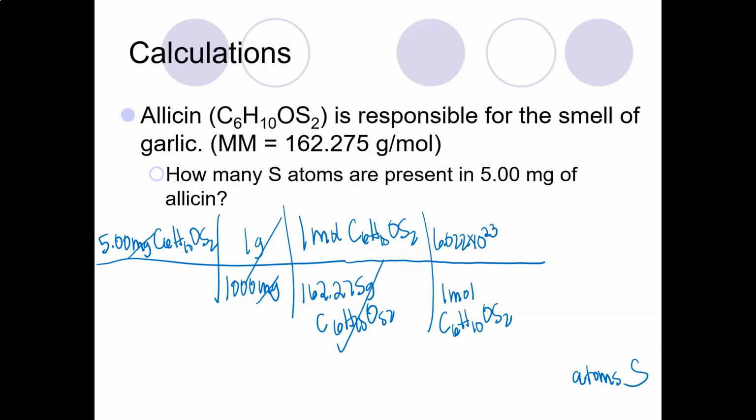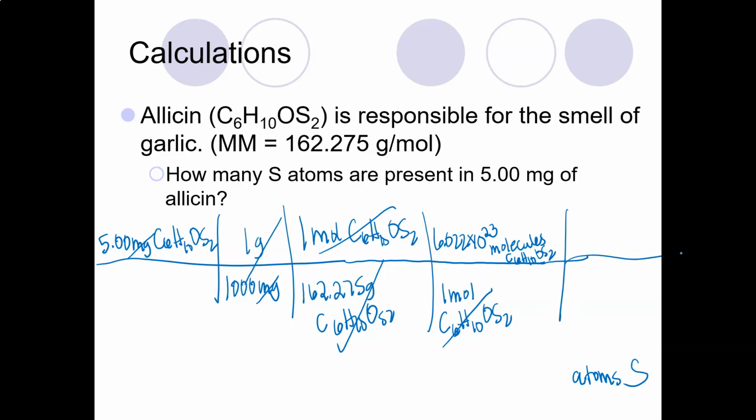Well, we're going from moles. 1 mole equals 6.022 times 10 to the 23rd things. Well, it's going to be 6.022 times 10 to the 23rd of C6H10OS2. And the word for that are molecules. Awesome. Now I have molecules of C6H10OS2, but I'm solving for atoms of sulfur.